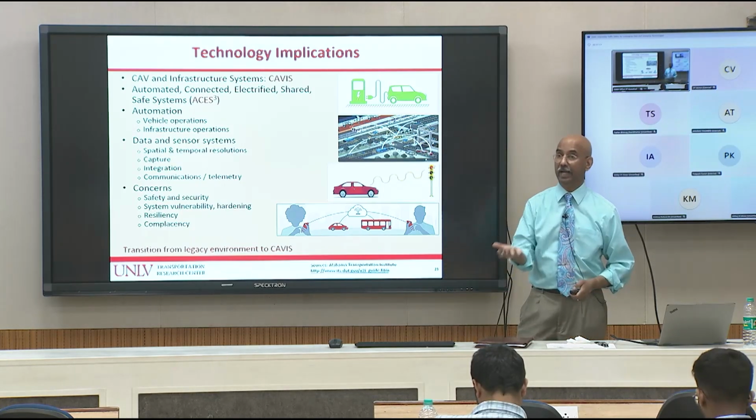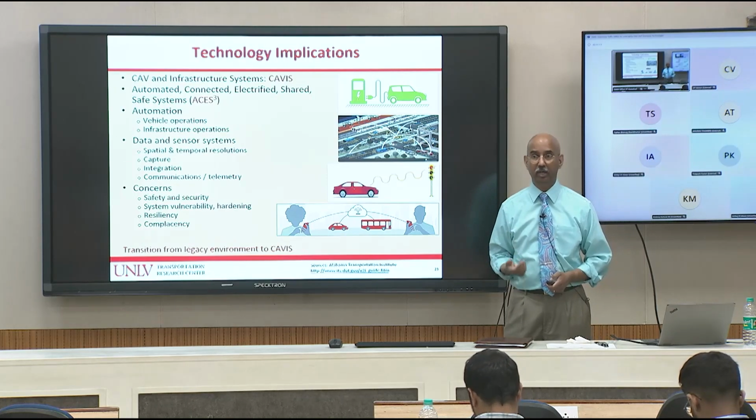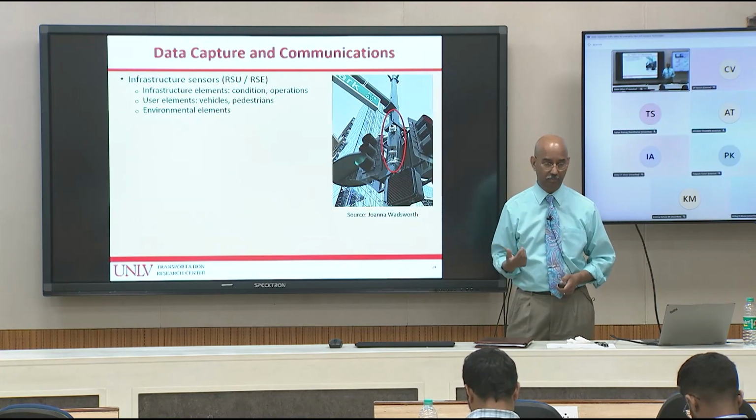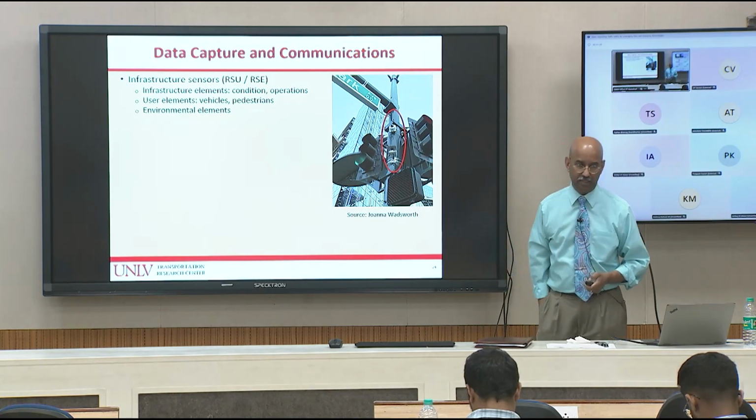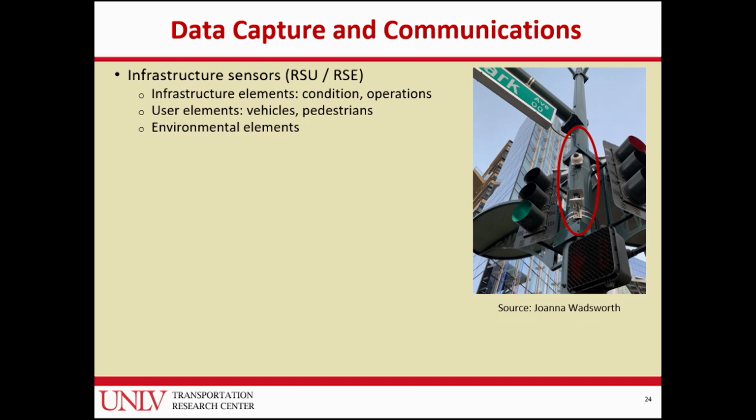But we have to be ready as transportation folks, how do we work to facilitate that? So here's a photo that I took in Las Vegas of various types of cameras and sensors on roadside equipment. They provide us information on traffic operations, signal conditions, signal operations, speed, flow, volume, pedestrians, bicyclists, and so on.